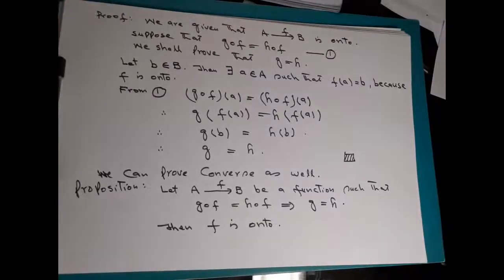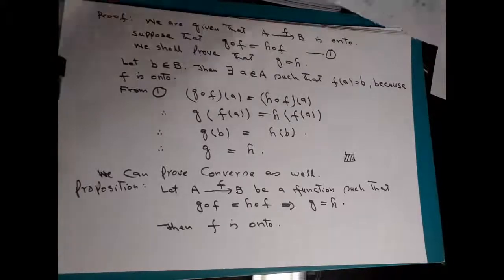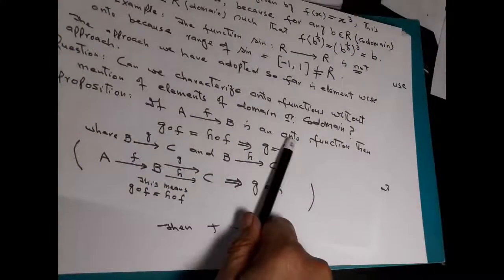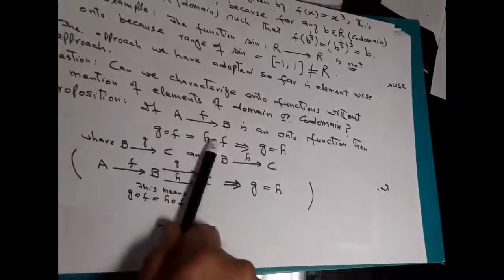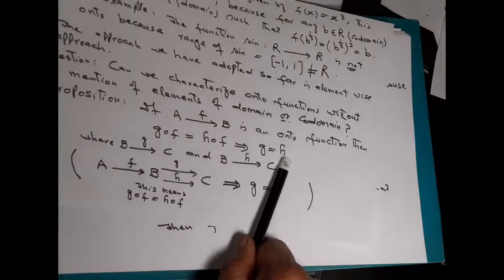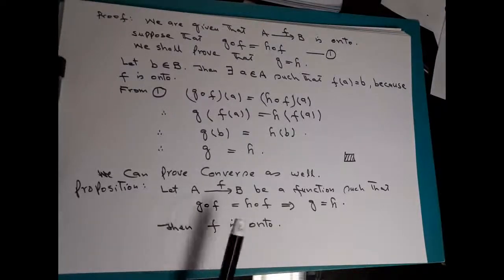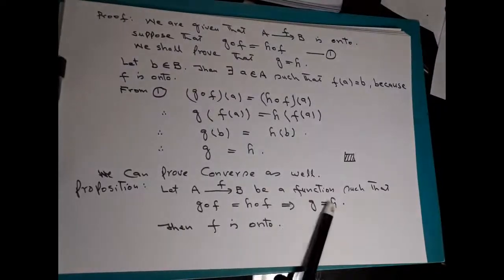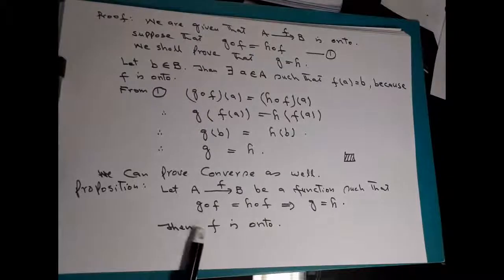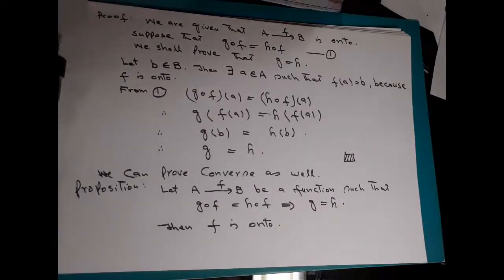Note that in our previous proposition we assumed that the function is onto and proved that this condition implies that G is equal to H. Now we are going to assume that this condition implies that G is equal to H, and we will prove that F is onto. So this is the converse of our previous proposition.